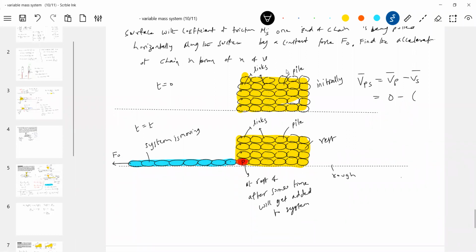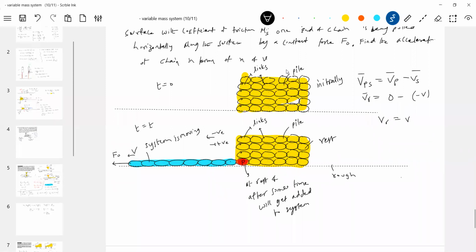Towards right I'll take as positive, towards left negative. The velocity of the system will be towards left. Let V be the velocity of the chain. So now VPS will become VR. What is the value of VR now?